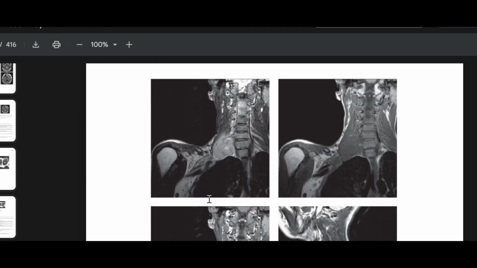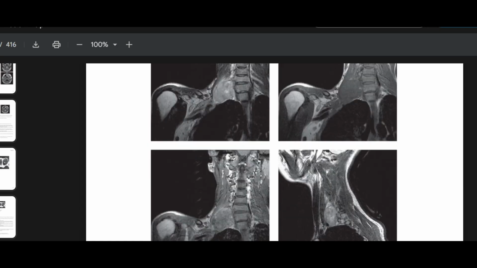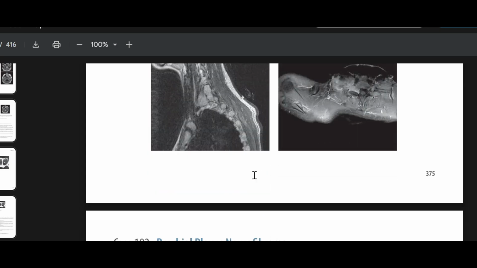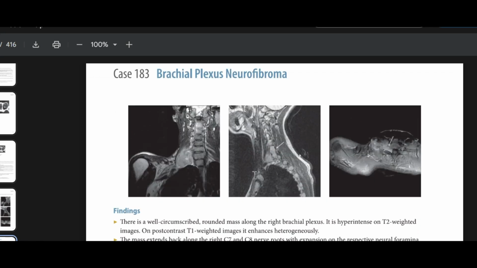Another case seen here. This is the MRI scan of a patient with brachial plexus neurofibroma.